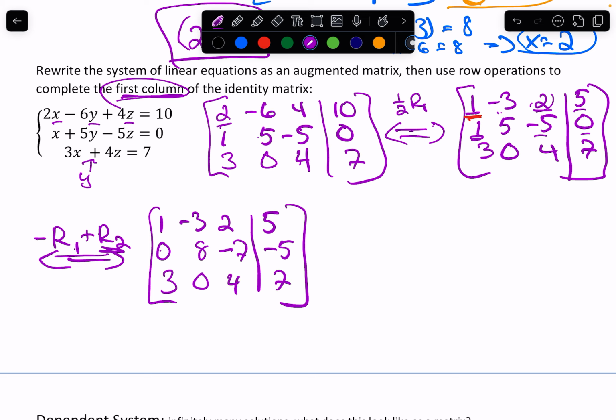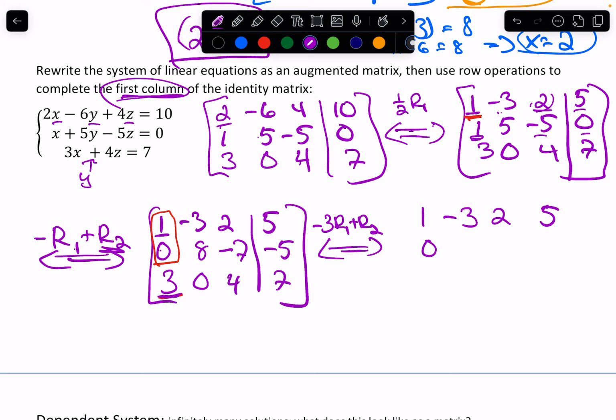Okay, so far what we have is a 1 and a 0 right here. We need this 3 again. So what we're going to do is take this first row, first column element and multiply that by the opposite of the 3, which is negative 3. So negative 3, row 1 plus row 3. Our row 1 does not change.